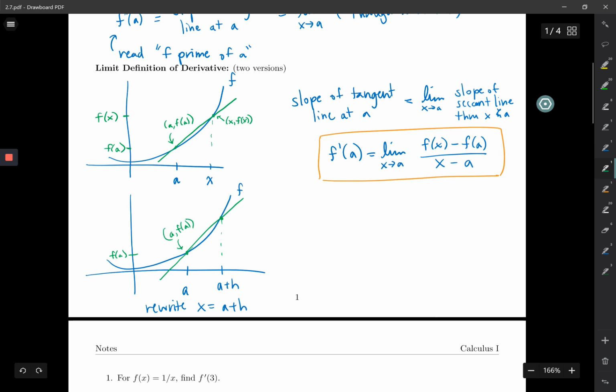But now that we're referring to this point as a plus h, it will just change our notation a little bit. So this will be f of a plus h, and this point, the coordinates will be a plus h, f of a plus h, right? Okay.